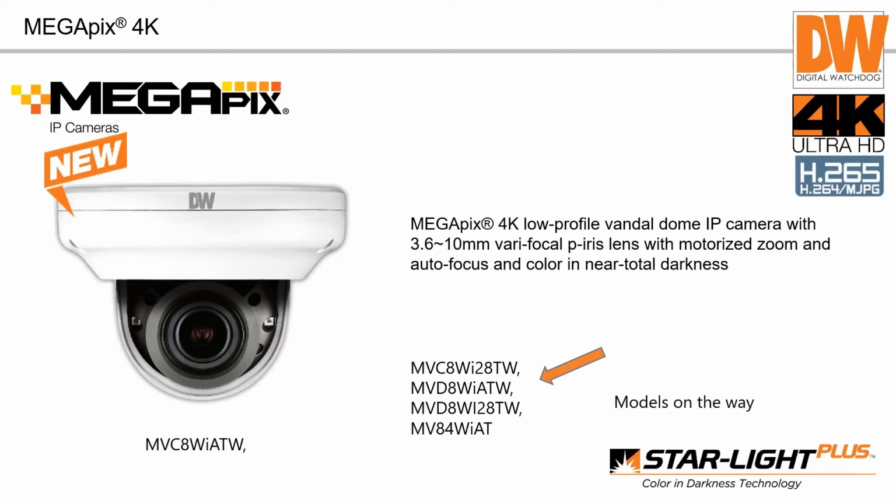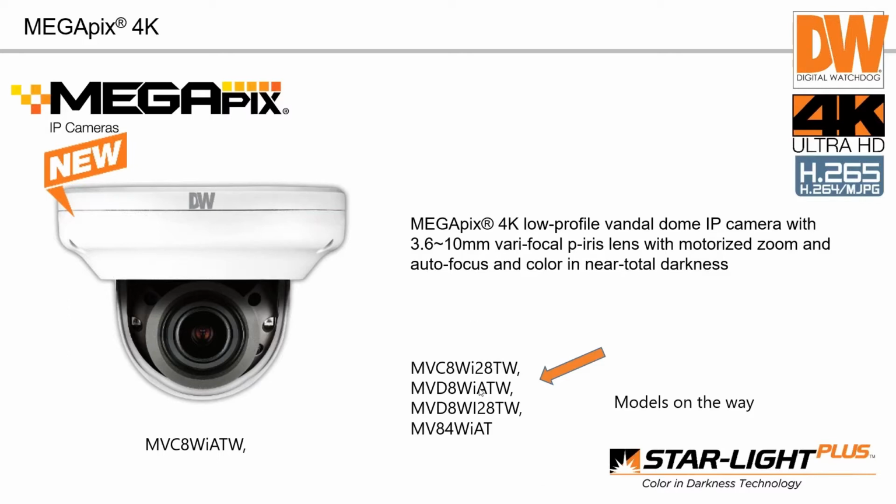It's H.265, H.264, motion JPEG, 70-foot IR with intelligent camera sync, which means the power of that IR will raise or lower if something gets closer to it. It has programmable privacy zones and all the features you'd expect: auto white balance, backlight compensation. But the 3.6 to 10 millimeter varifocal lens is key.